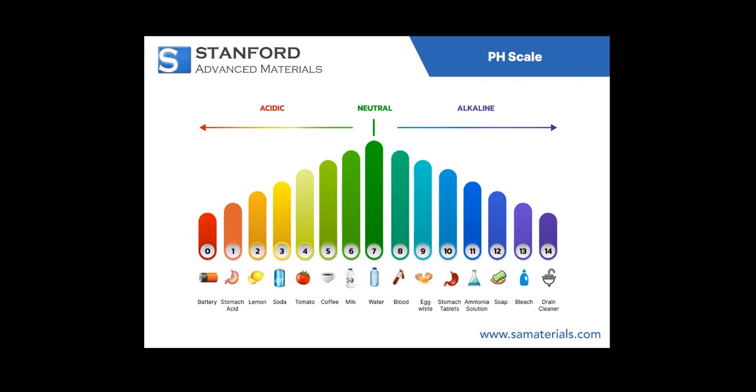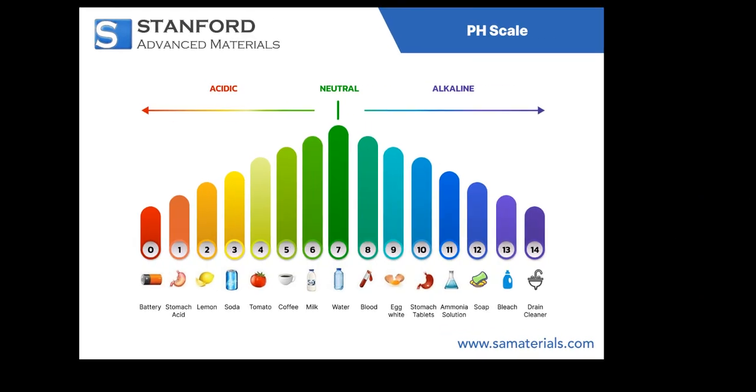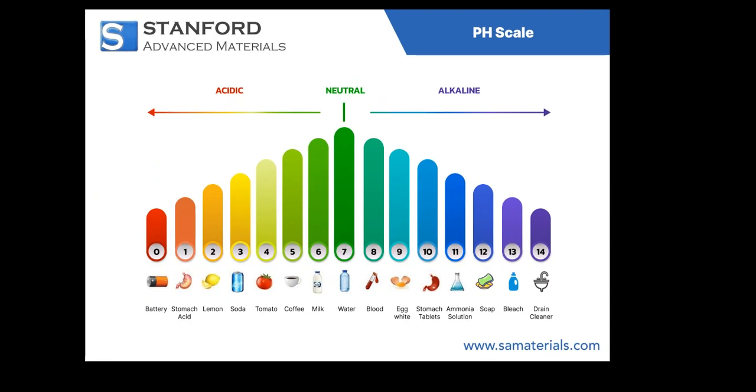Thank you so much, Stanford Advanced Materials, for stealing your picture, but it's just for illustration purposes. So as you can see there, can you see the everyday items that we have and where they fall under? Look at the battery there. pH 0.